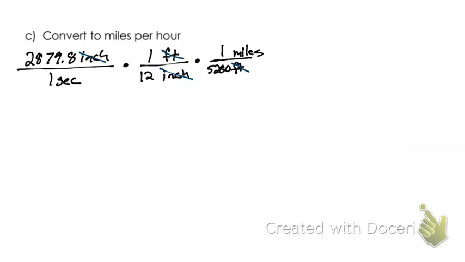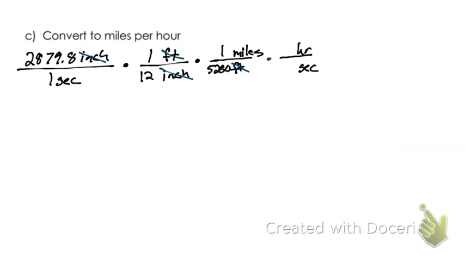Now the only thing we have to worry about is our seconds. So I'm trying to figure out how many seconds are in an hour. Well, we can either go through seconds to minutes to hours, or we can go straight from seconds to hours, because we can figure that out. There are 60 seconds in a minute, and 60 minutes in an hour. Ooh, I put it on the wrong thing.